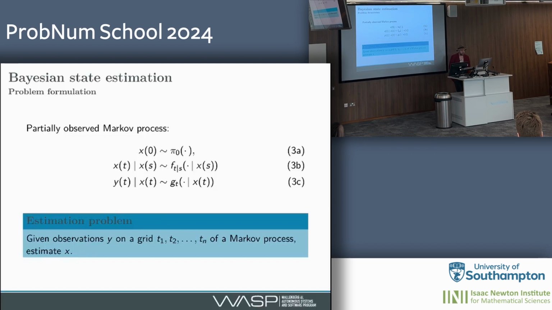And so the estimation problem is, given observations Y on some grid t1 through tN of our Markov process X, we want to estimate it. And we want to do it in a Bayesian way. Well, I'm going to do it in a Bayesian way at least.